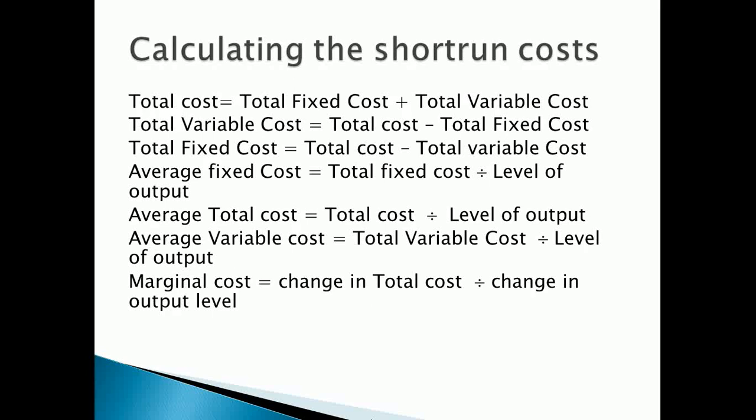If long run ATC falls as the quantity of output increases, as you can see from the graph, the firm has increasing returns to scale, which is economies of scale. That means a fall in total cost as quantity produced increases. Of course, that benefits the organization more.